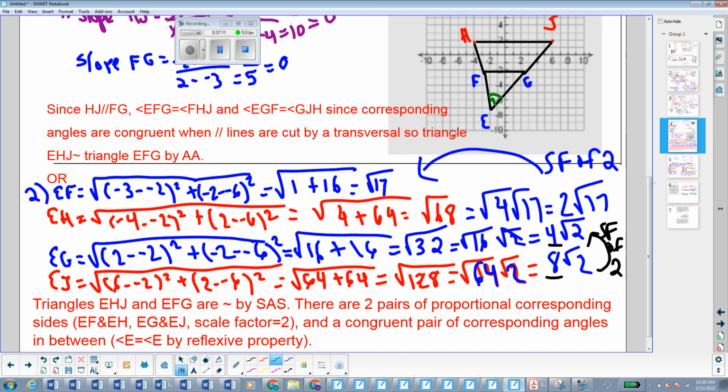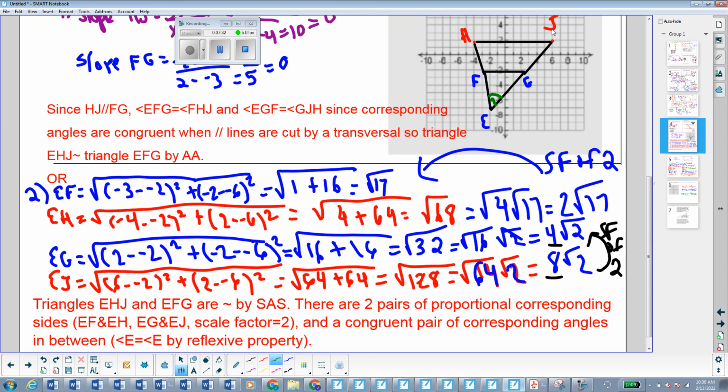So all we have to do now is find the length of EG, another side from the small triangle, and EJ, the corresponding side from the big triangle, and see if those corresponding sides are also proportional by the same scale factor of 2. So once again, using the distance formula, for the length of EG, I found radical 32, which simplifies to 4 radical 2.